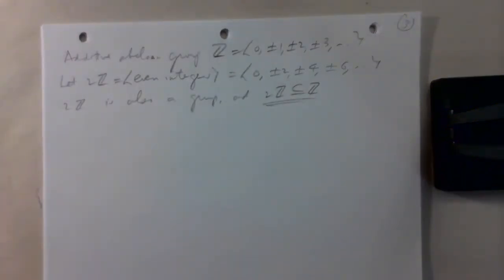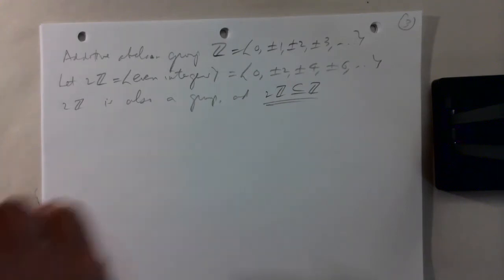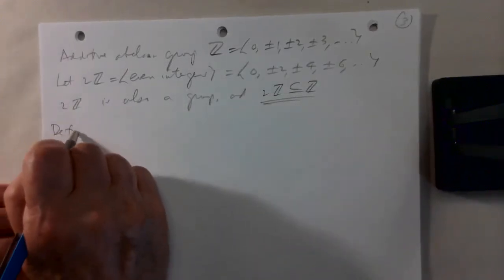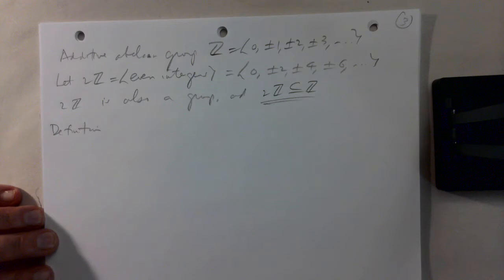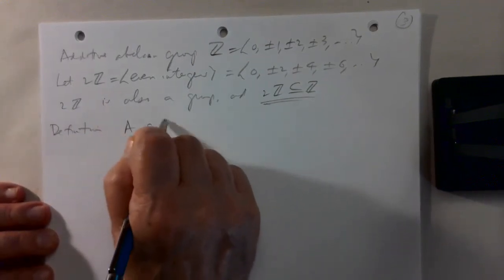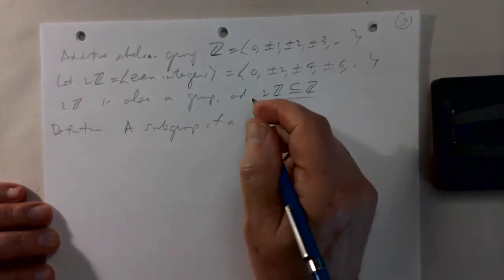A subgroup of a group is a subset that is itself a group. So let's give the formal definition of a subgroup.